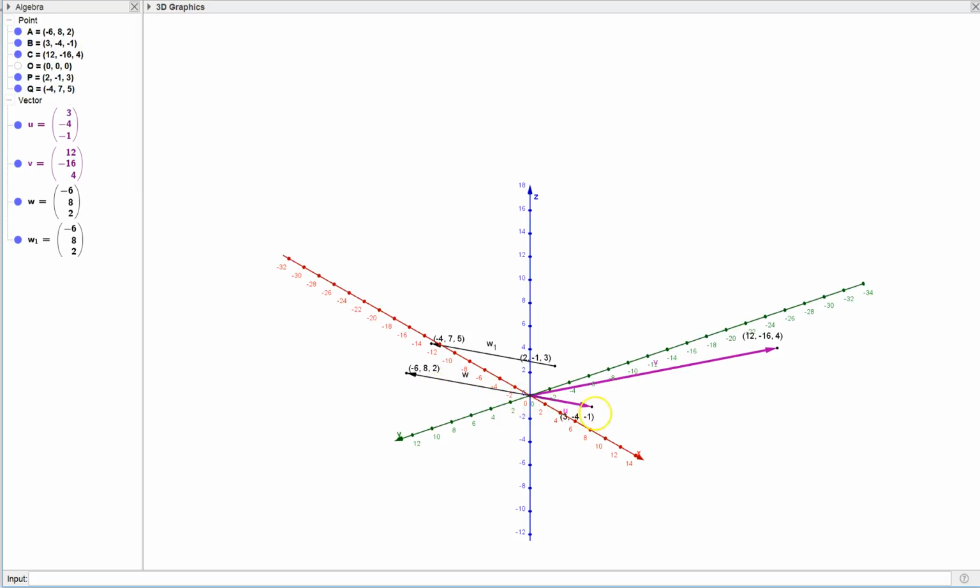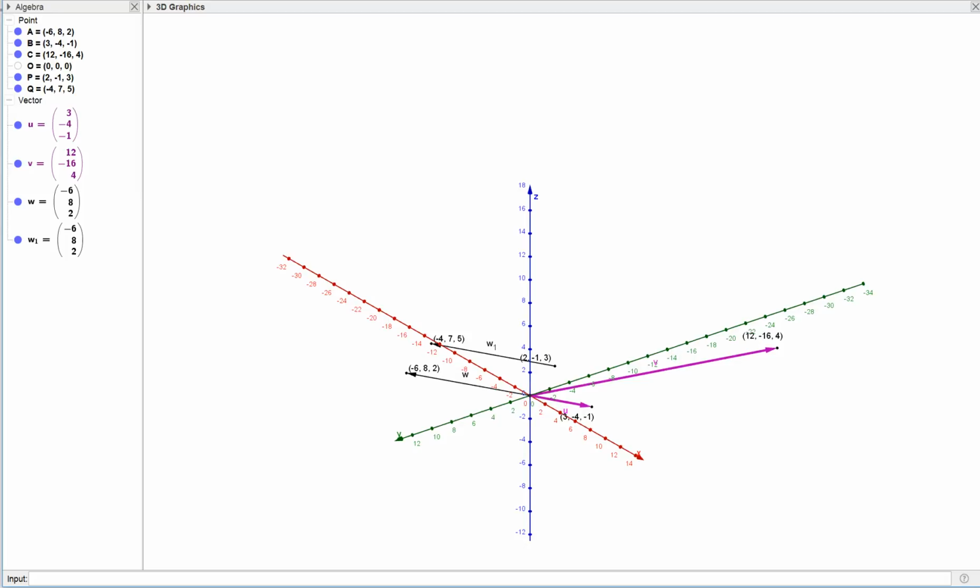Not only that, notice that vector u would not intersect w, the equivalent directed line segment for w that didn't start at 0, 0, 0. So in that sense, they'll never intersect. That's where the never-intersect idea comes in.